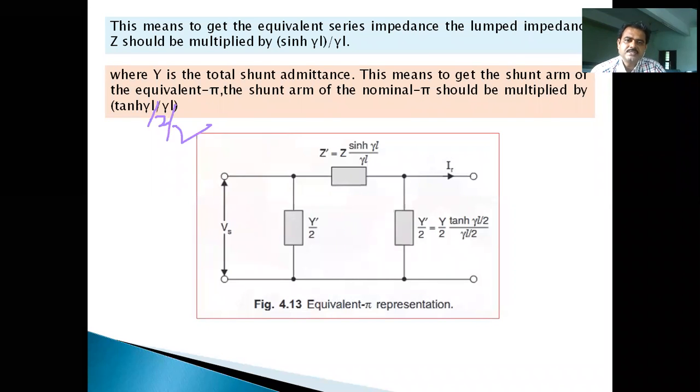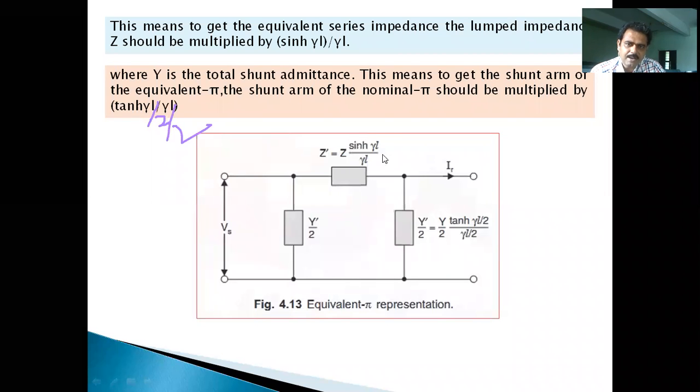The equations obtained from the rigorous method, we have written the same sending end voltage equation and also the sending end current equation. Comparing these two and rearranging the terms, I have not done anything, just rearranging the terms. Finally, you will get the equivalent pi model in terms of lumped parameters, where z and y are the lumped parameters.